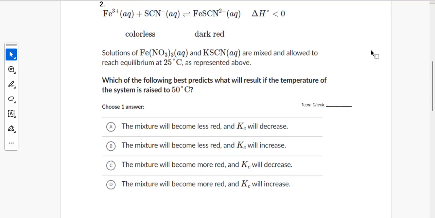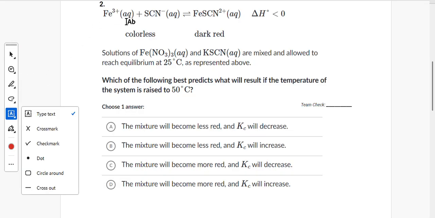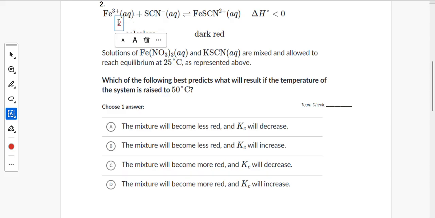Let's head over to number 2. We've got an iron ion and then this cyanide compound, the thiocyanate ion. I'm sure this has a different name. So we have 2 ions on this side becoming 1 ion.